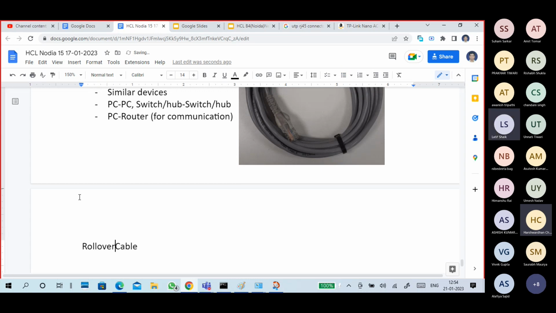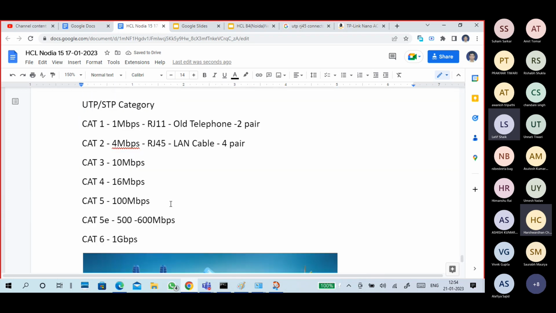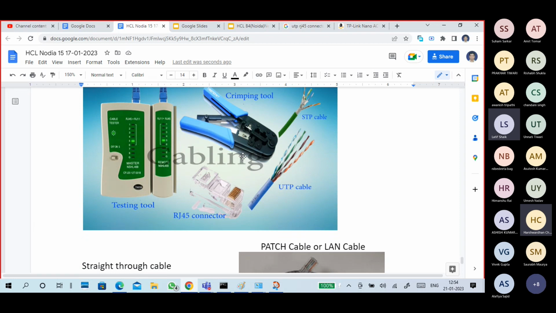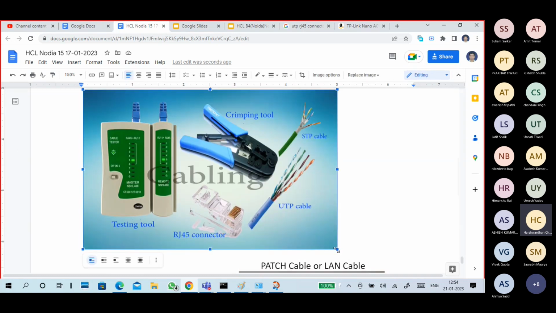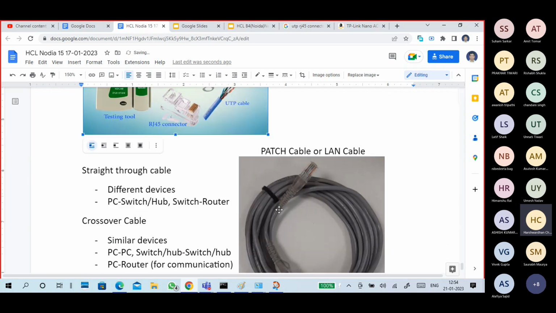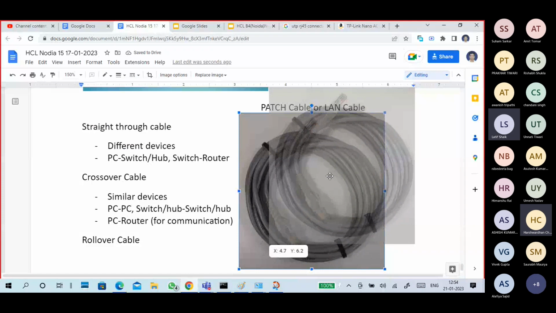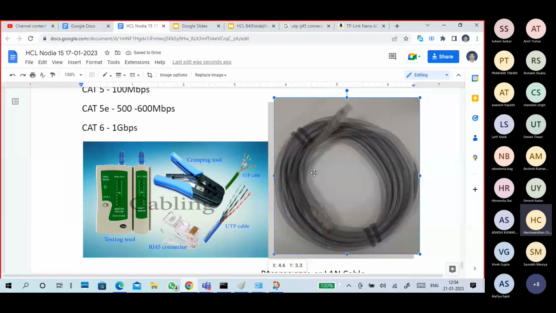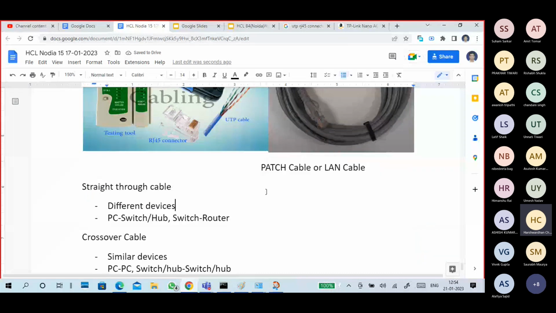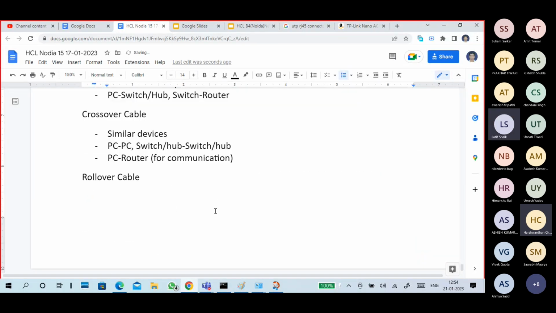Rollover cable. Okay, another cable is the rollover cable. This rollover cable is used for connecting your PC to a router or a switch for configuration purpose.